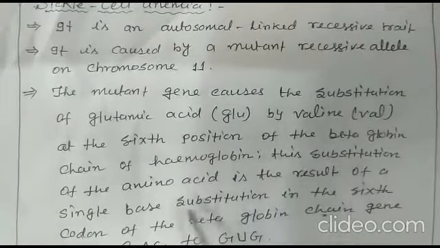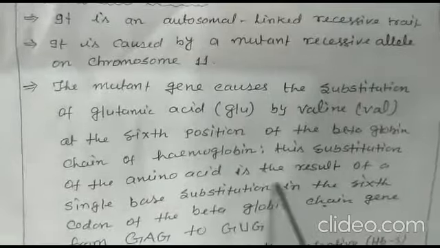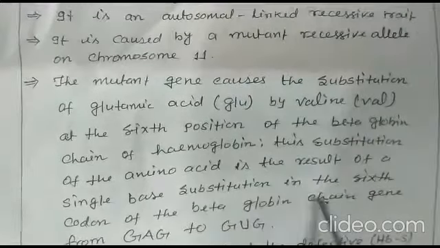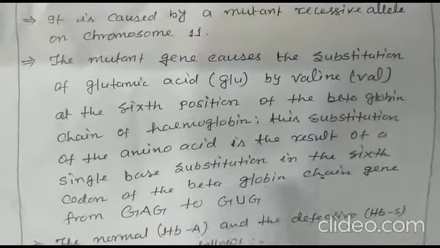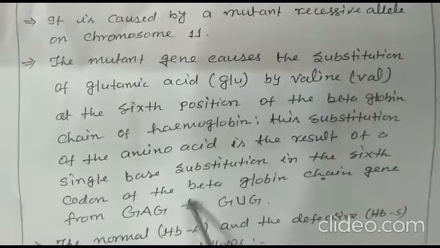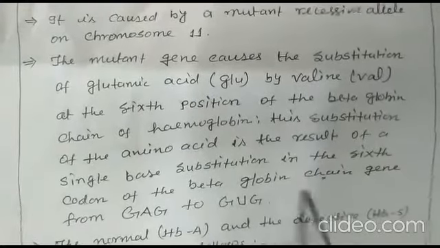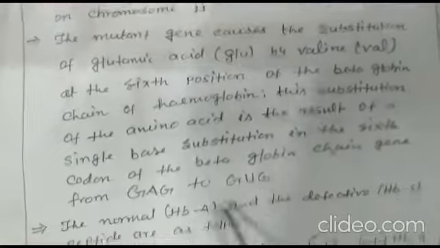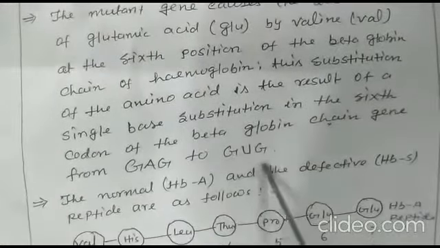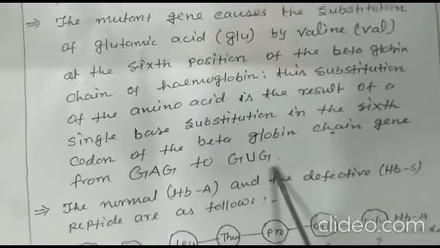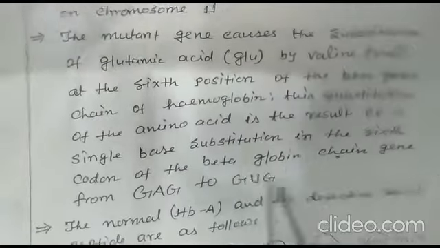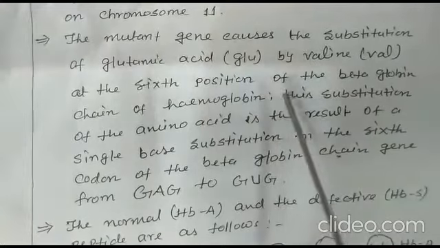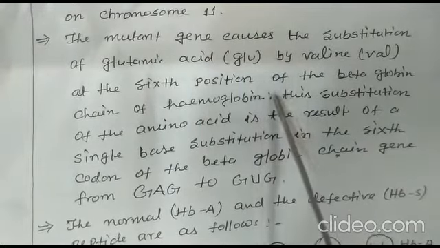This substitution of the amino acid is the result of a single base substitution in the sixth codon of the beta globin chain gene from GAG to GUG.